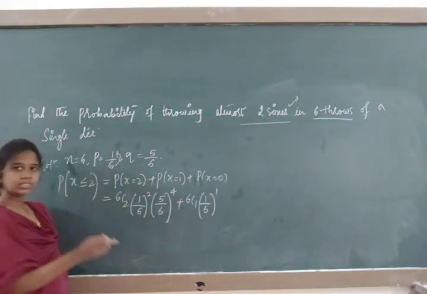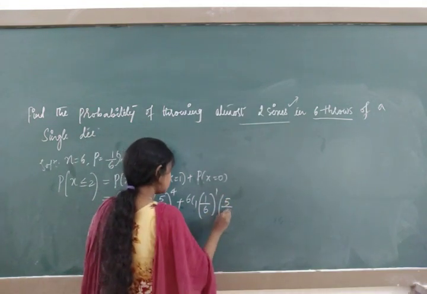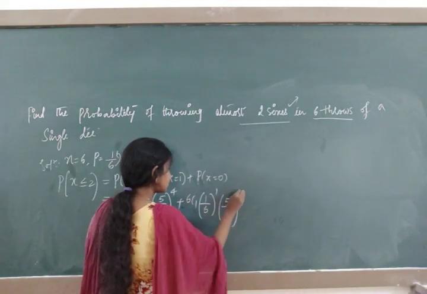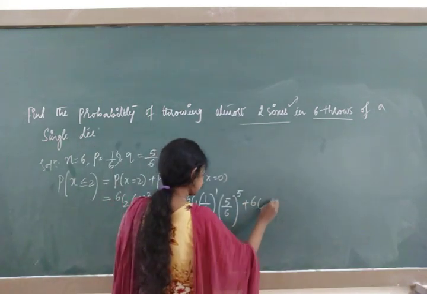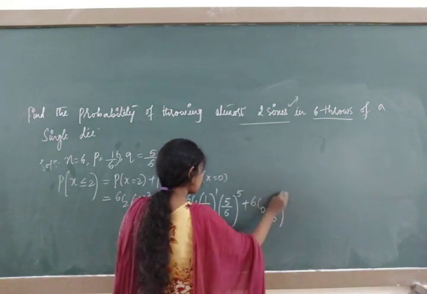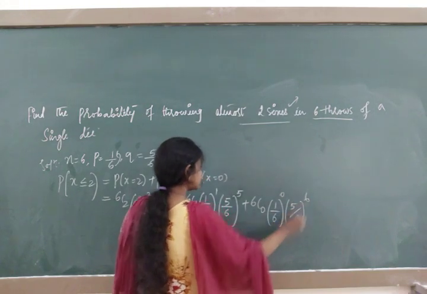How much the suffix is there, that much you take, 1 into 5 by 6 whole to the power of 6 minus 1, it's 5, plus 6C0, 1 by 6 to the power of 0, 5 by 6 to the power of 6.